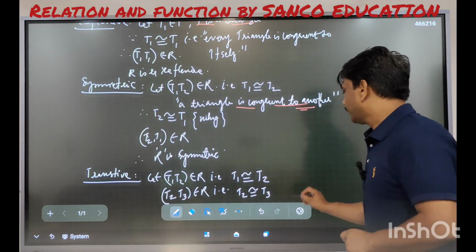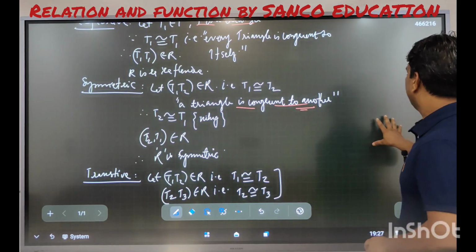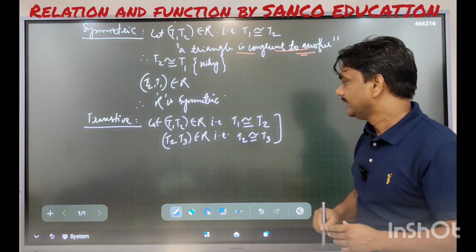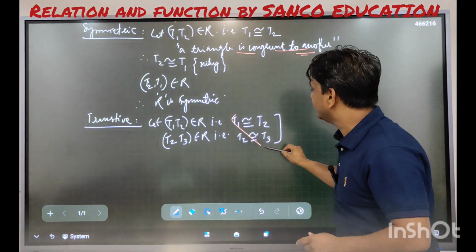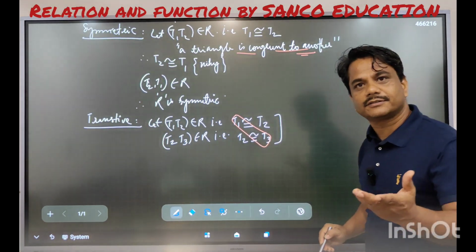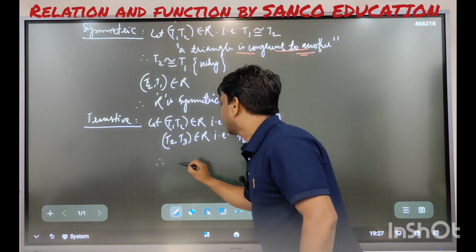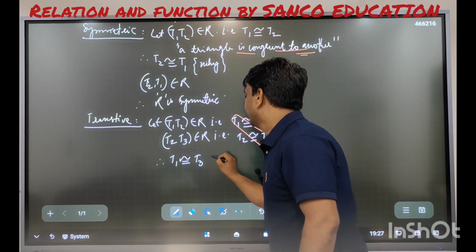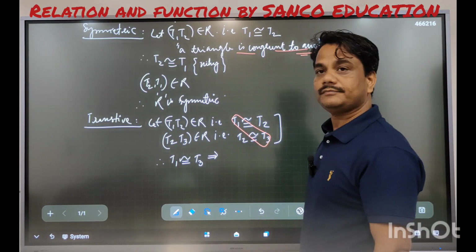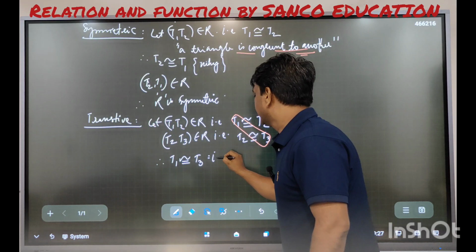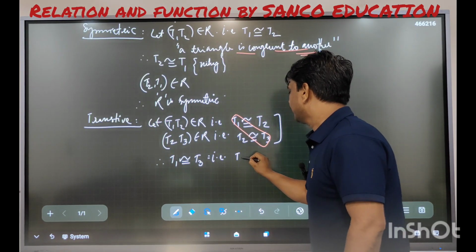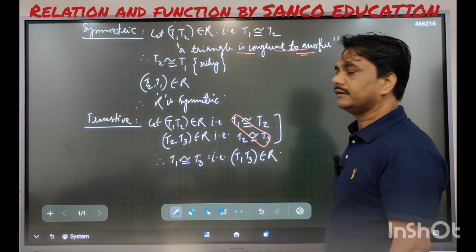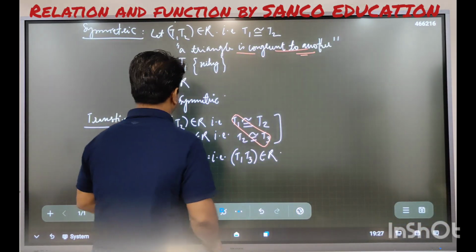So from these two relations, one triangle is congruent to the second, the second is congruent to the third. Can a relation be given between these two? Yes, of course. Therefore, here you will write T1 is congruent to T3, that is, T1 and T3 also belong to R. Here we have proved these two results.